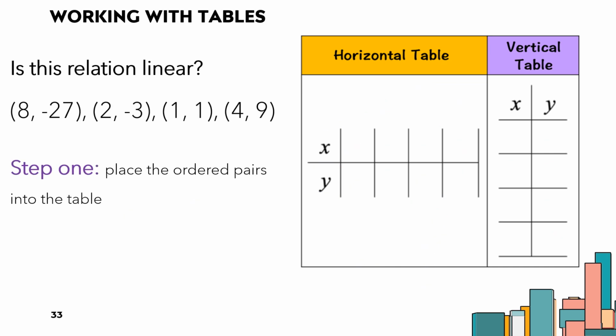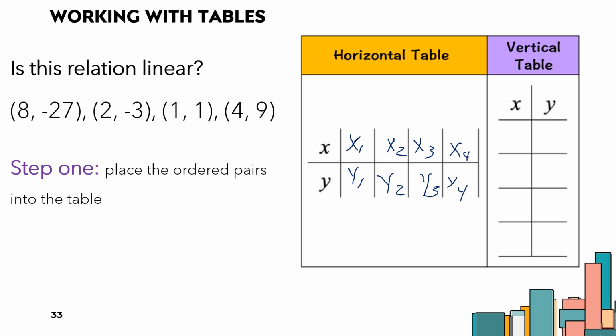Okay, next one here, we're going to keep working with tables. Is this relation linear? We're going to do the same thing that we did before. So you need to plot your points, x1, y1, x2, y2, x3, y3, x4, y4.